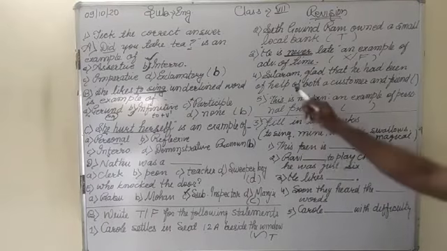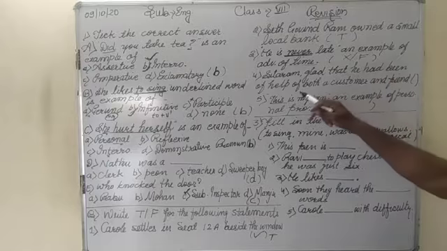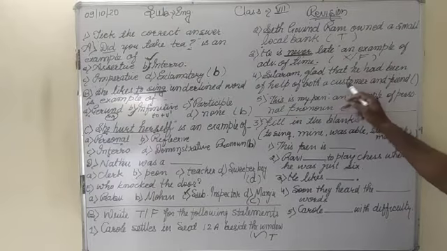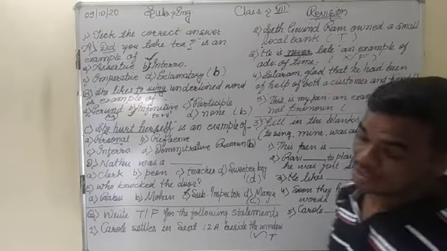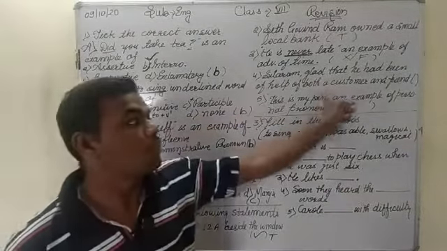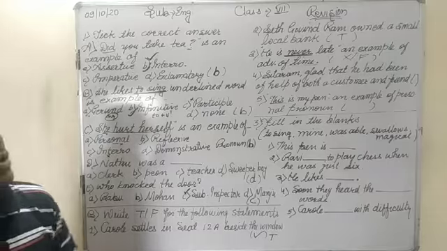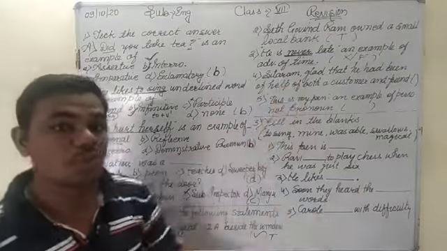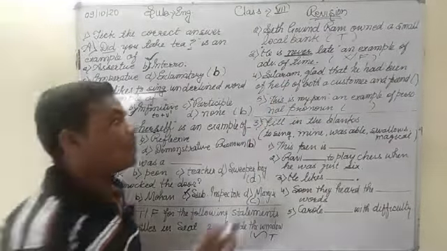Fourth, "Sitaram was glad that he had been of help to both a customer and a friend." It is also an example from "The Boy Who Broke the Bank." Try to understand.